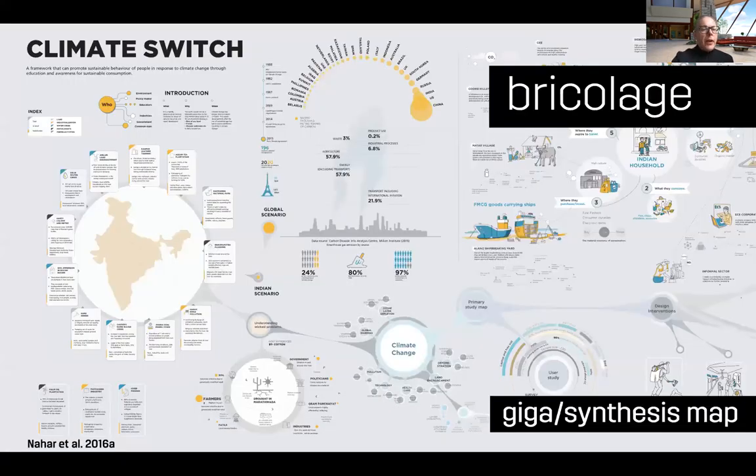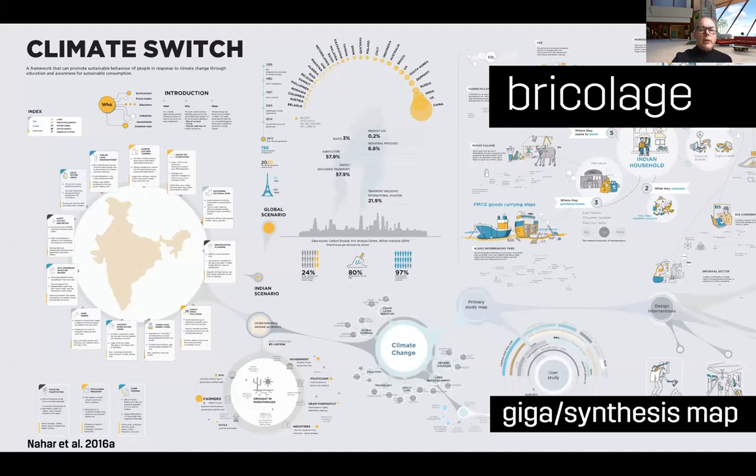Sometimes systems get very complicated, so you often develop what I call a bricolage strategy. Bricolage, I guess, is a French word. It just means a collage of things, all sorts of different things placed on a board. So maybe you have graphs, maybe you have other types of data displays, maybe you have some illustrations, maybe you have some diagrams, but they're all put together and fit together in ways that help make sense.